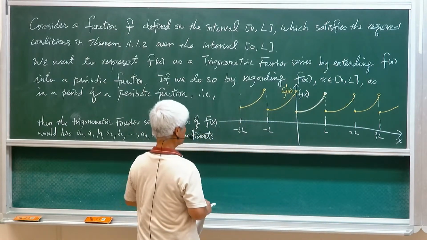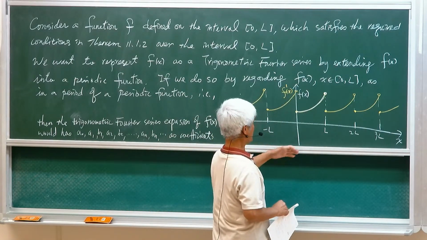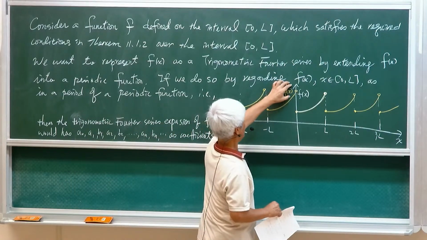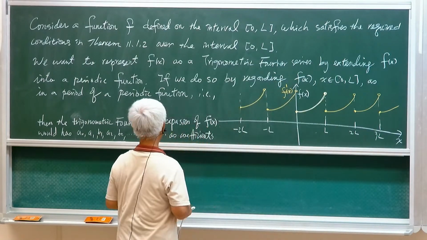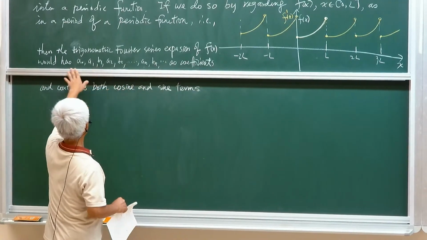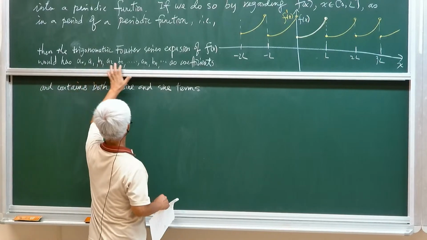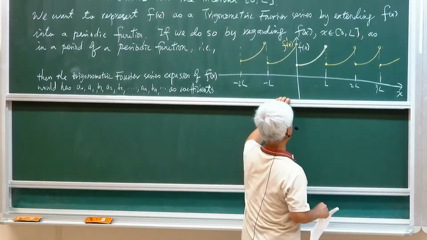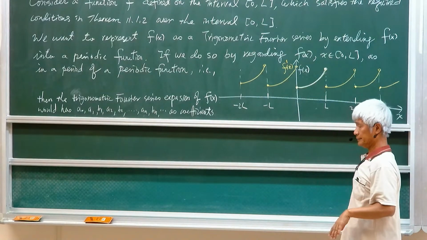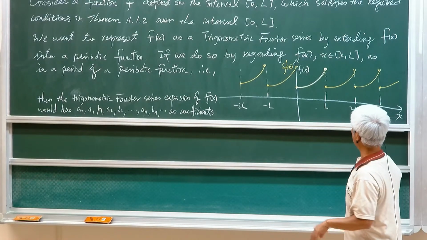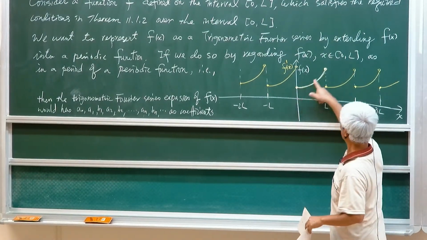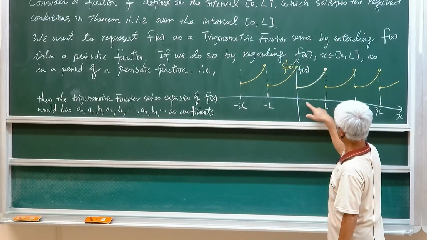And as we know, because f prime is a periodic function with period L, the Fourier series expansion of f prime contains sine and cosine terms, and these coefficients can be computed from f of x, because, as the Euler formula shows, the computation of the coefficients can be done by considering only the function values in one period.